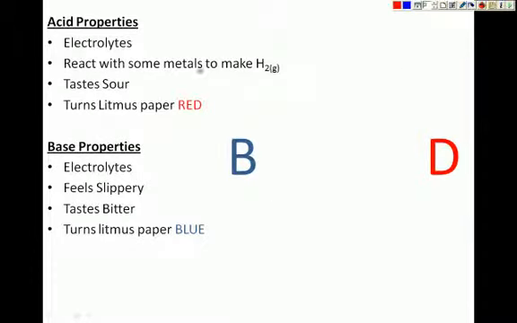Now, let's go over some basic properties of acids. The first property of an acid is that all acids are electrolytes. What does that mean? Well, an electrolyte is just something that makes ions in solution. So why do we call it electro?